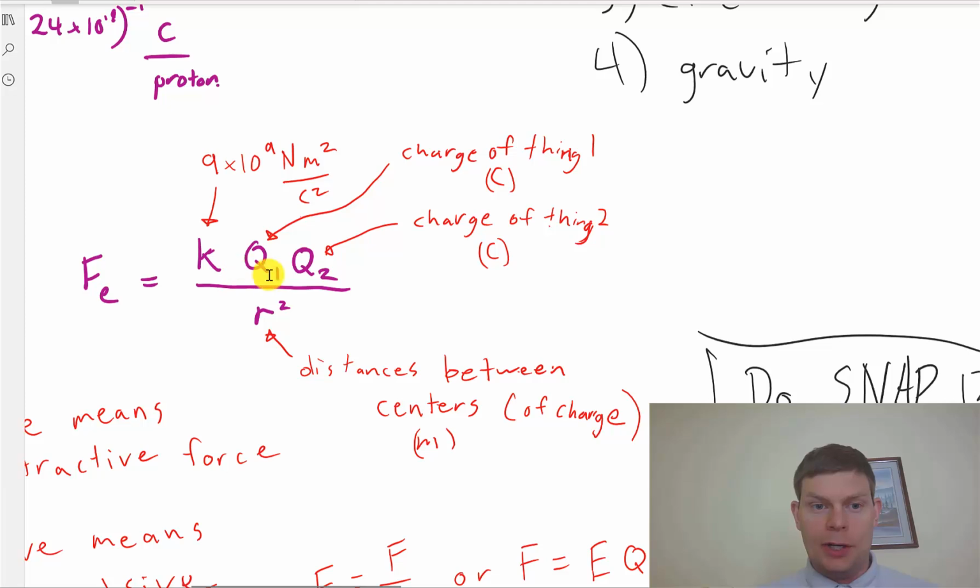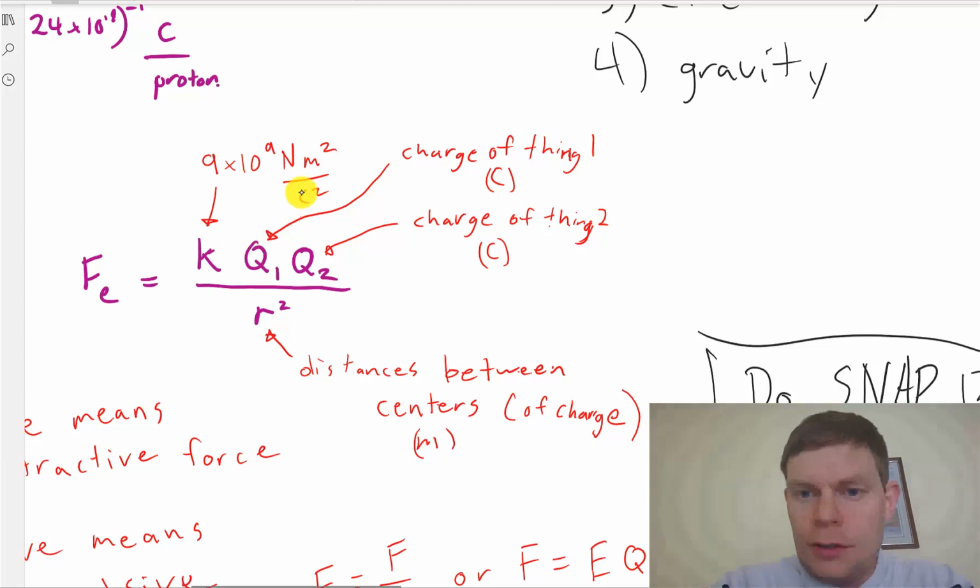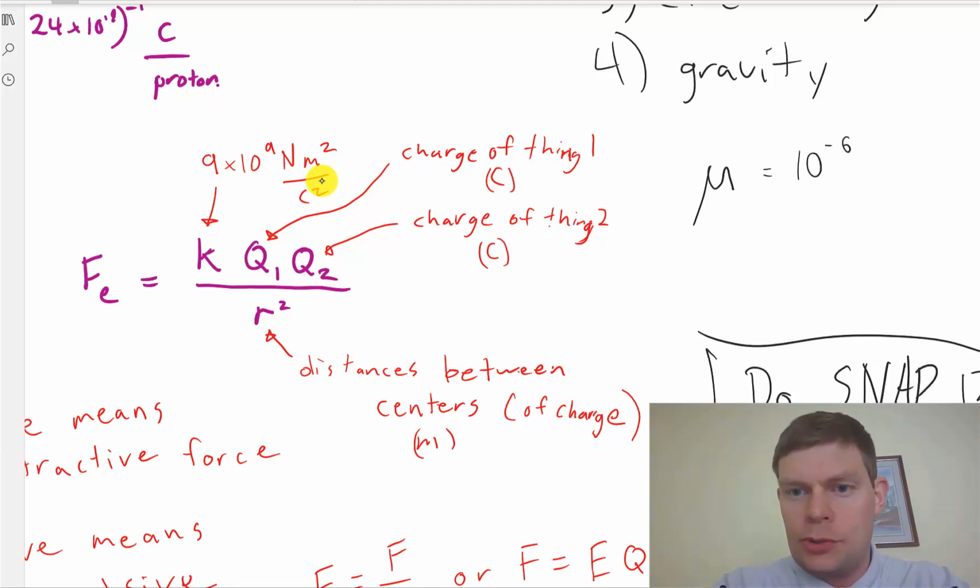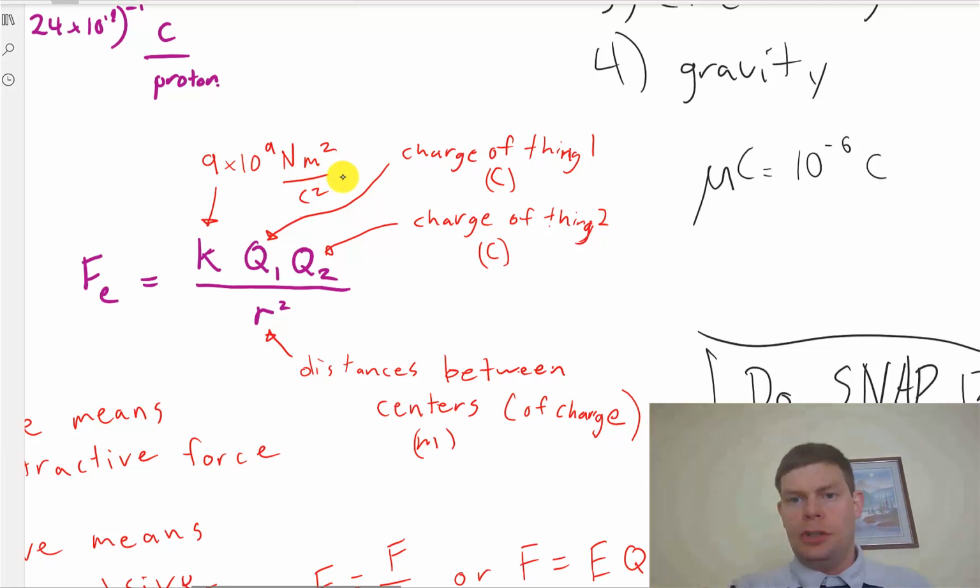And then multiply that by the charge of thing 1 in coulombs. So if it gives it to you in microcoulombs, if you see this symbol, that means 10 to the -6. So you have to include that if you see microcoulombs. That would be 10 to the -6 coulombs. So be on the lookout for this micro symbol if you're not familiar with it.